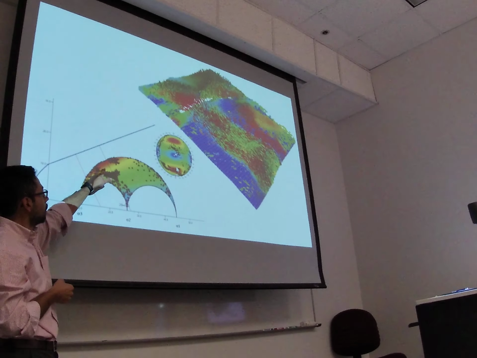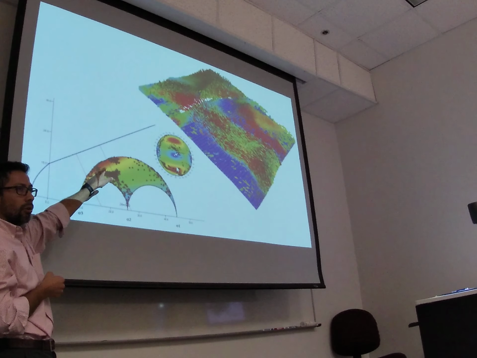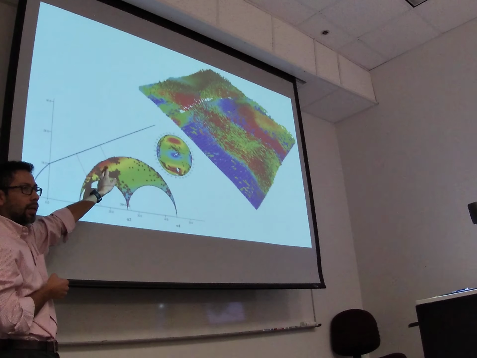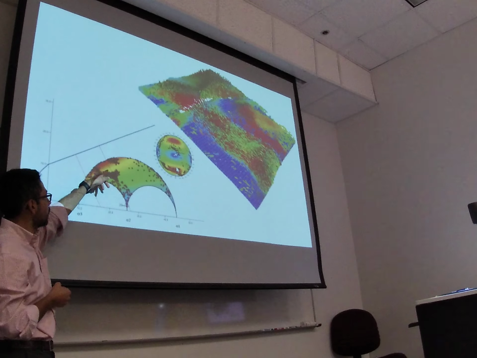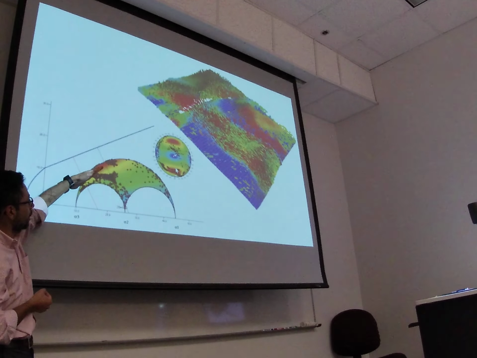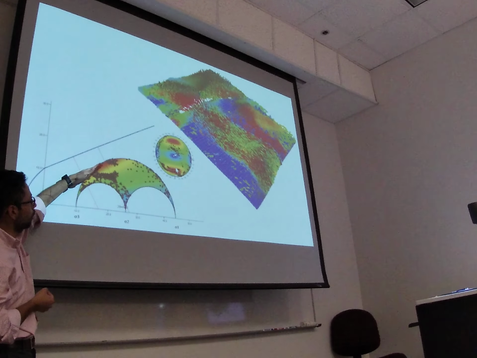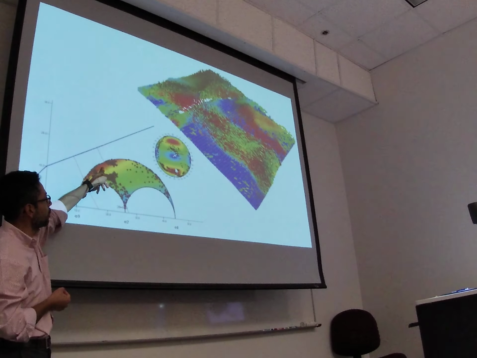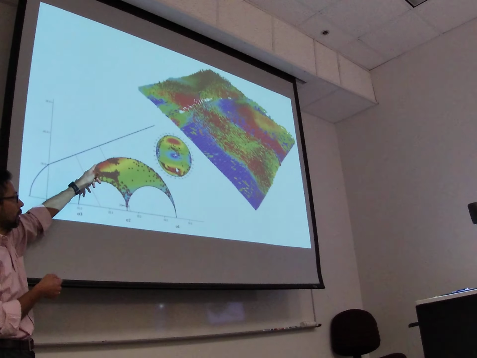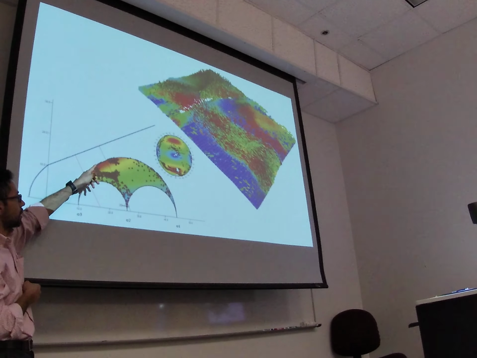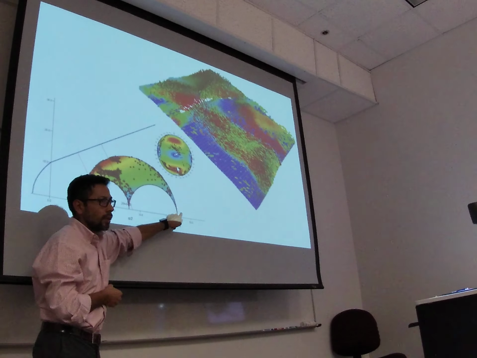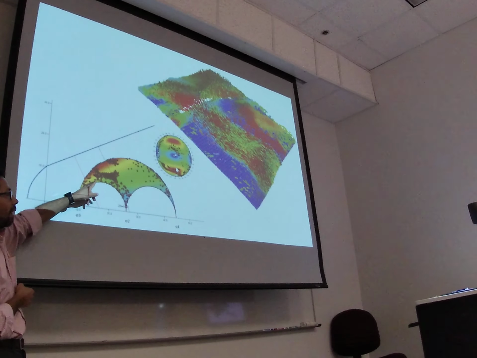The color means the ratio of shear to effective normal stress. So imagine a line that goes horizontal to there. The higher the slope, the more you get into this red area, which means higher shear to effective normal stress. And the lower you go, you see it gets blue. It means the lower that value is.